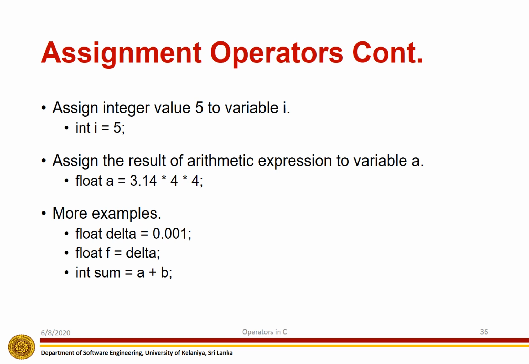So now the float variable f value is 0.001. Then next, int sum equal a plus b. Here a and b must be integers because we are going to assign the result of a and b into an integer variable sum. After calculating a plus b, we can assign that to the variable sum.